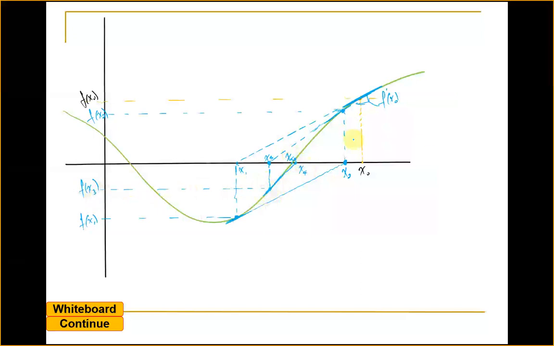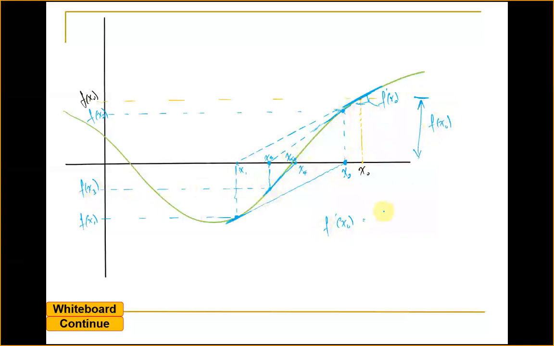Now you want to know, how do I really find x1? It's kind of a simple principle. The slope f prime at x naught is, slope is always rise over run, right? So in this case the rise is this, which would be f of x naught.